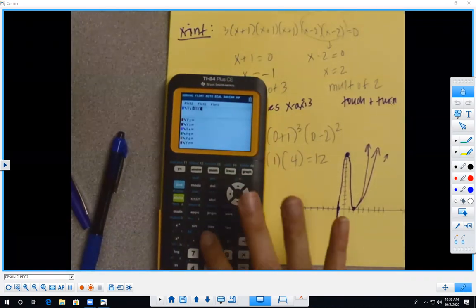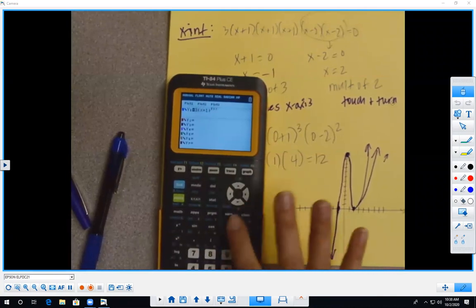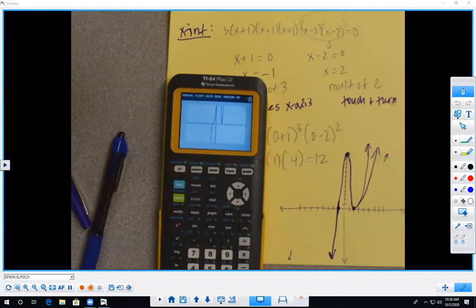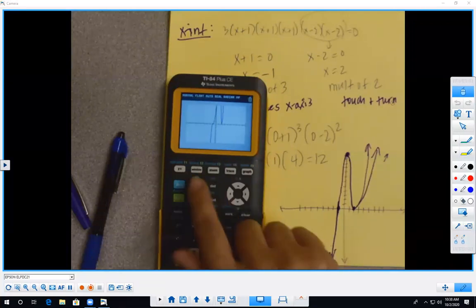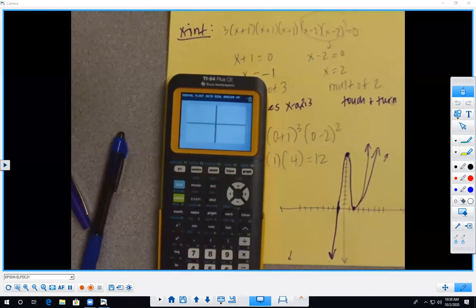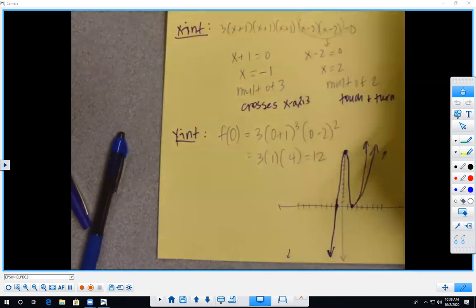So I'm going to put this one in: 3 times x plus 1 to the 3rd power times x minus 2 squared. If I zoom out a little bit, it's kind of harder to see, but you can see it goes up, comes back down, pops back up. Okay, questions about that at all?